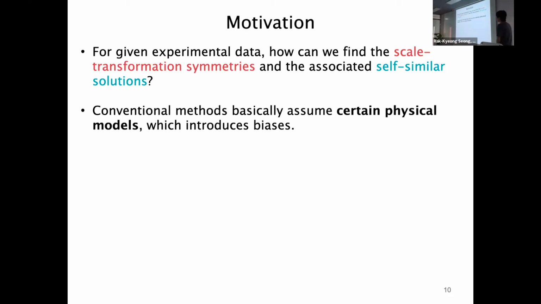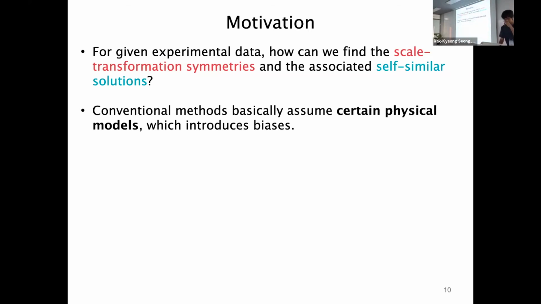Conventionally, if you make some model, then you can find the physical relation, but assuming a model introduces some bias. So we want to find the self-similarity or the underlying scale transformation symmetry in a model independent manner. So that is the motivation of the present work.